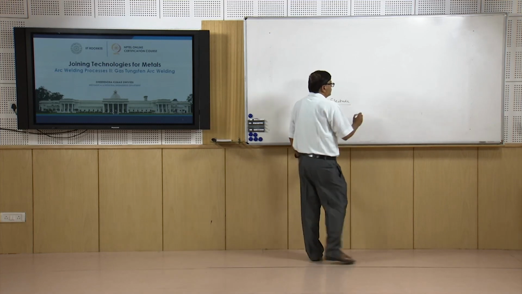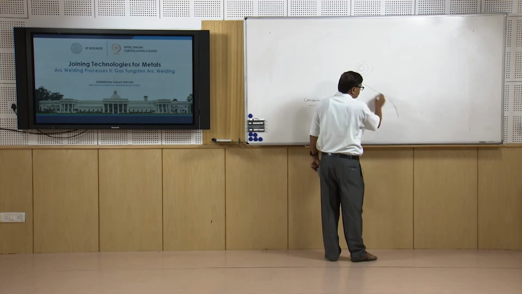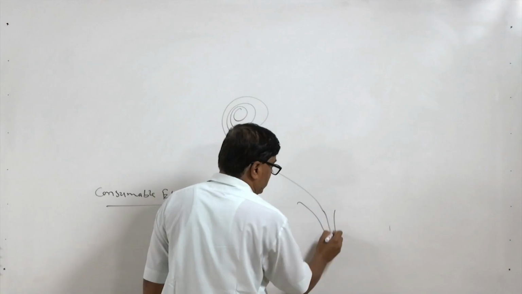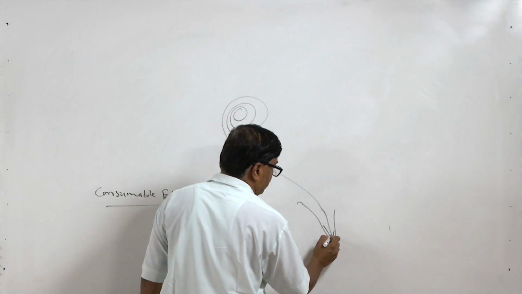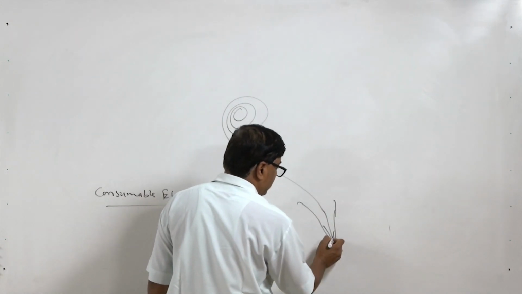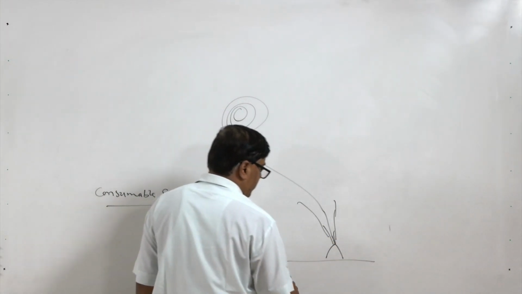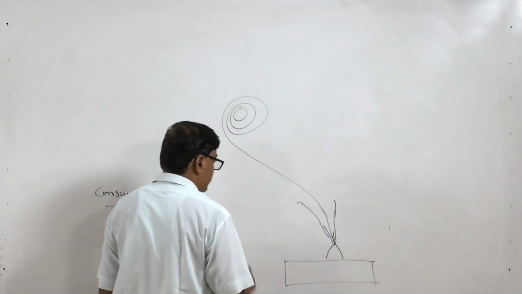So here you see the electrode wrapped in a spool, fed through the cables to the nozzle, and then through the nozzle it comes out. The shielding gases will also be coming out, and here the electrode develops the arc with the workpiece.